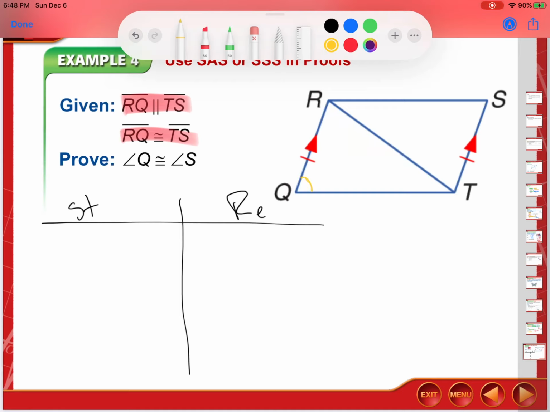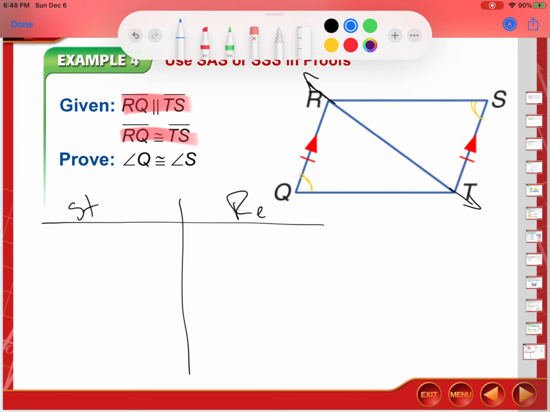So we have statements and reasons. I'm going to put our goal in yellow here. So we want to prove that angle Q is the same as angle S. Right away, what I'm seeing, we have two parallel lines, and I'm going to call RT a transversal because it cuts through both of those parallel lines.